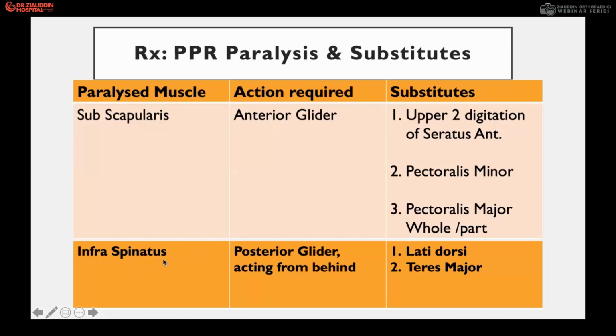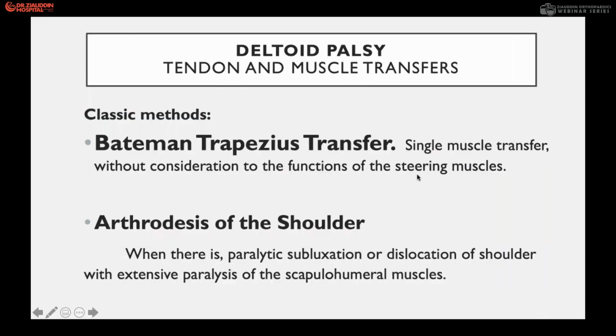The infraspinatus, when paralyzed, is the posterior glider which acts from behind. The posterior muscles, therefore, latissimus dorsi and teres major, are substituted for the paralysis of infraspinatus.